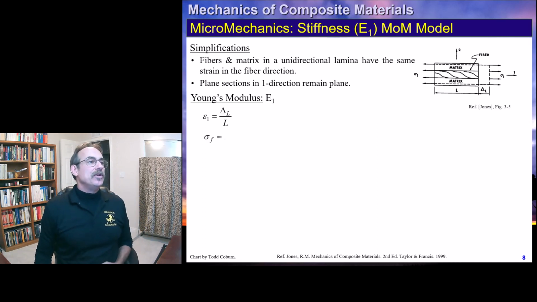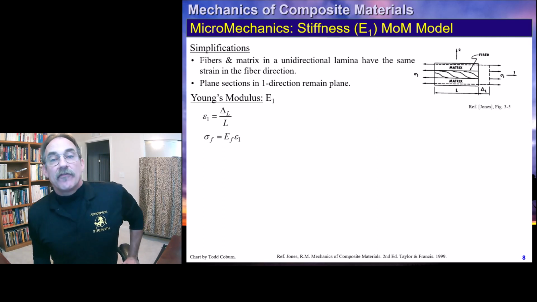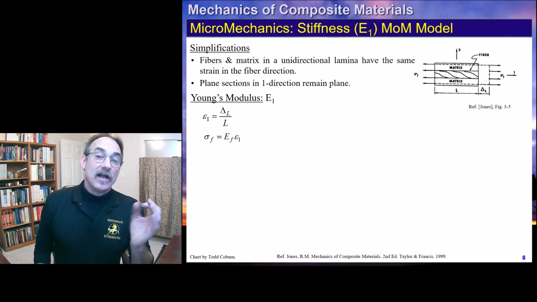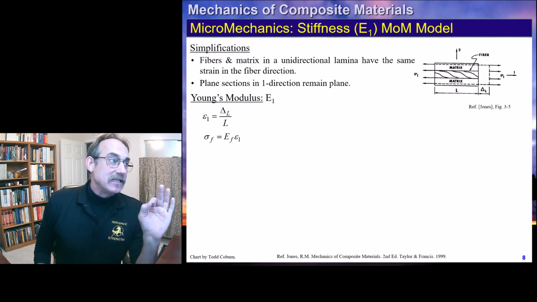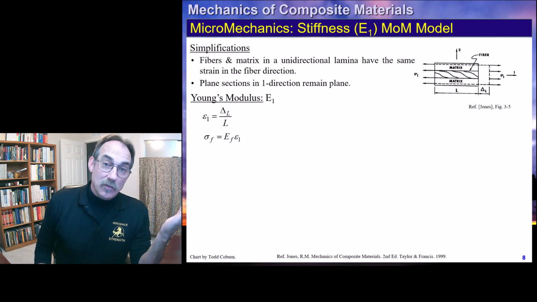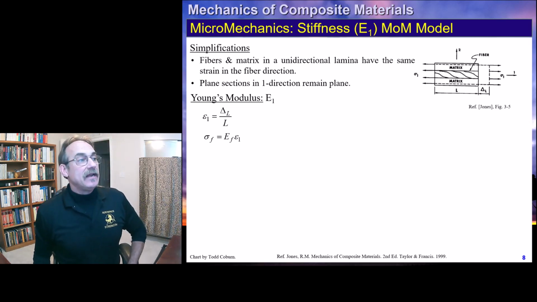Okay, that's old news. And we also know that from Hooke's law, we can write Hooke's law against the fiber, against the matrix, and against the lamina as a whole. If we write Hooke's law against the fiber, because we're pretending that that's homogeneous, we've got the simple version of Hooke's law, which is stress equals E epsilon. So the fiber stress is related to the strain through the modulus of the fiber.